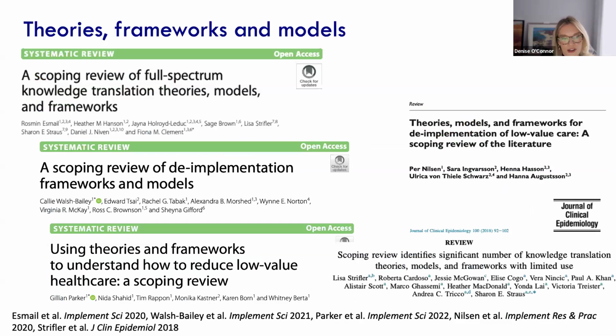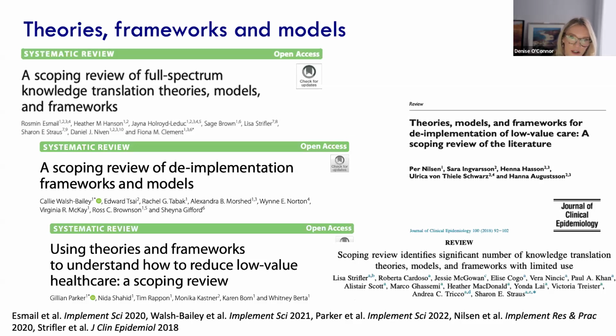Now, because research translation involves changing attitudes, behaviours, systems of individuals, teams, and organisations, several reviews of relevant theories, frameworks, and models have recently been published. And this is really to gather that information and make it accessible to folk who are trying to support research translation efforts in their organisation.